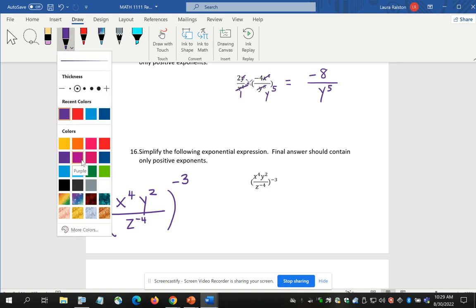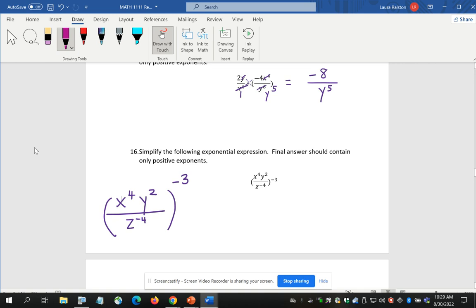Again, we want to eliminate the parentheses and do what we can. So I'm going to distribute this -3 to all of the pieces inside so that I have x to the -12, y to the -6 over z to the +12. -4 times -3 is +12.